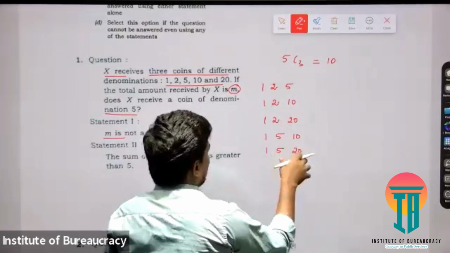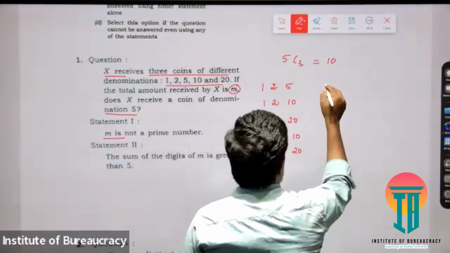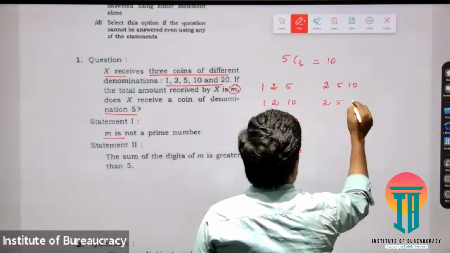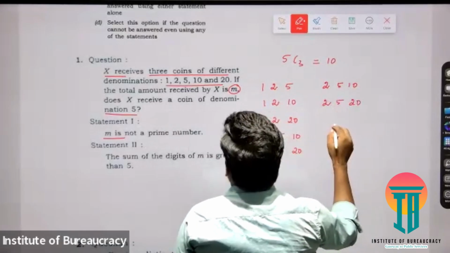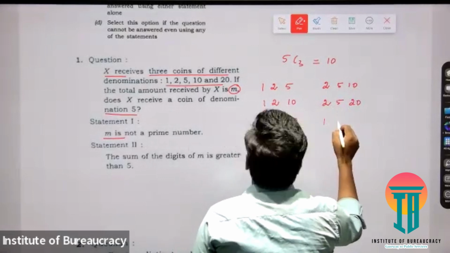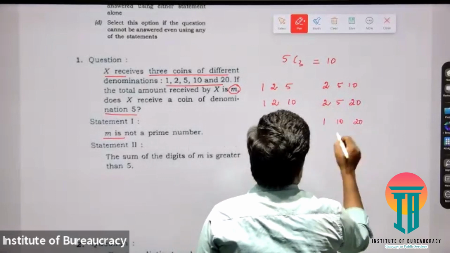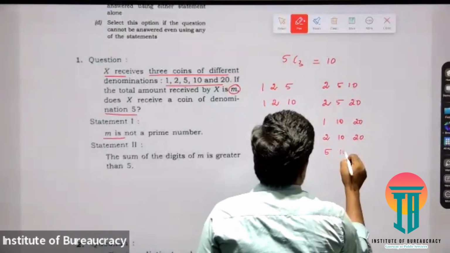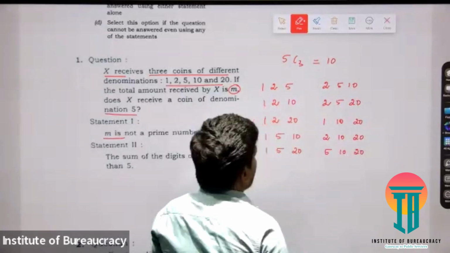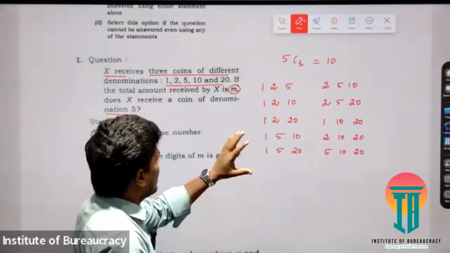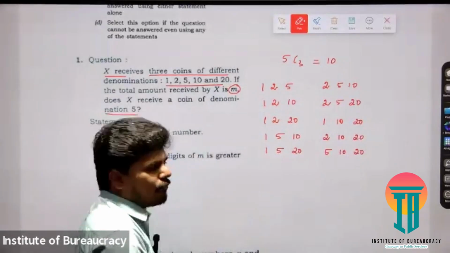These are 5 different combinations. The others are 2, 5, 10; 2, 5, 20; then 1, 10, 20; 2, 10, 20; 5, 10, 20. These are the 10 different combinations. X is going to have any one of these.